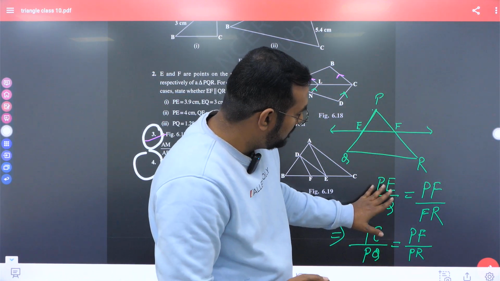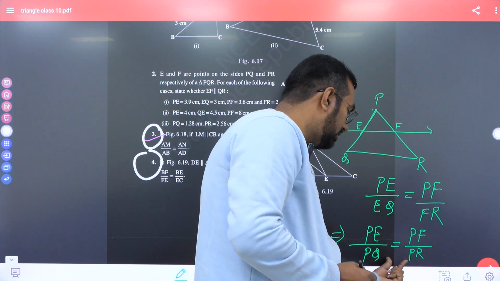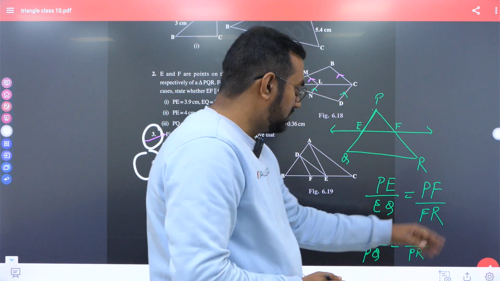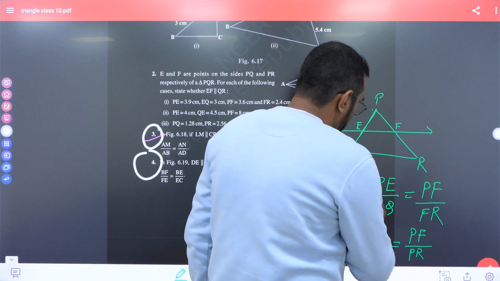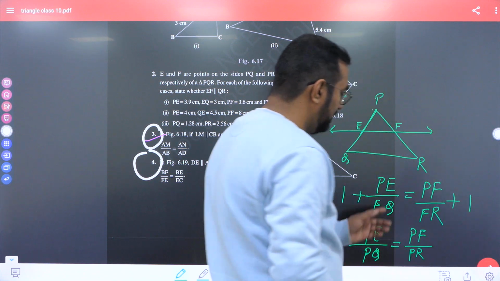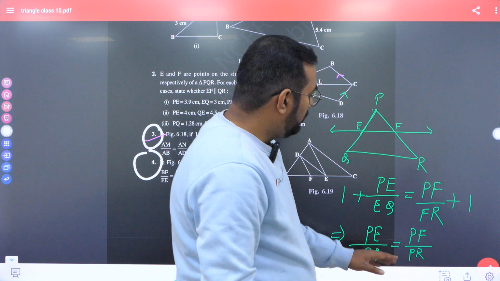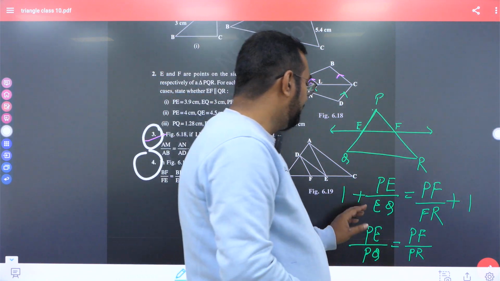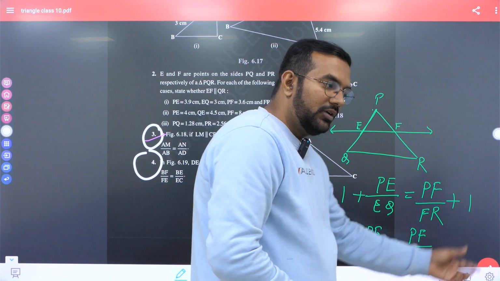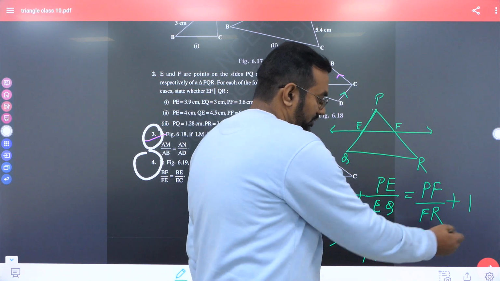If this one is proved, you can write this like this. If someone asks how, add 1 to both sides and you will get this. If you don't have to show that, you can directly put the sign of implies and write this one.